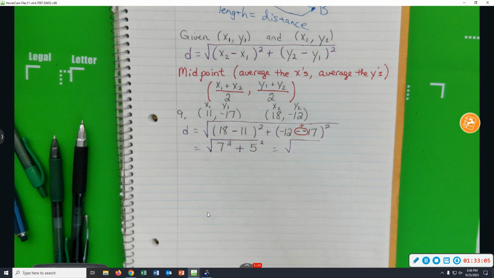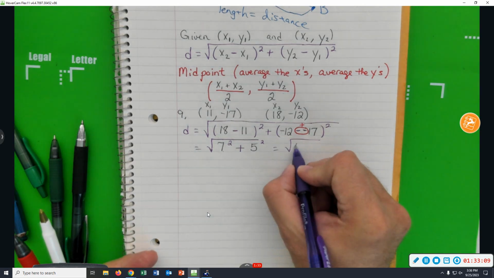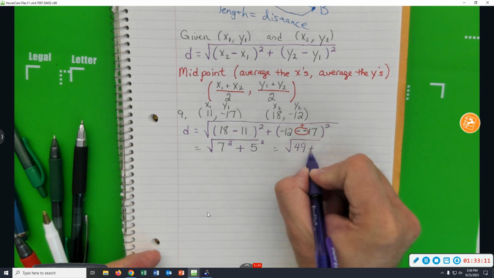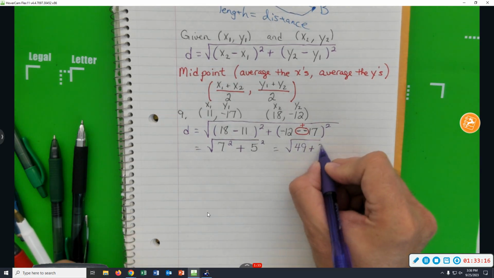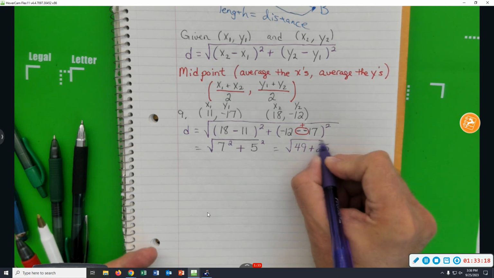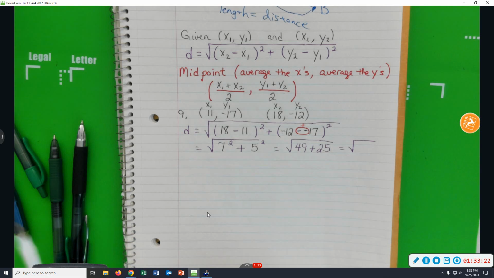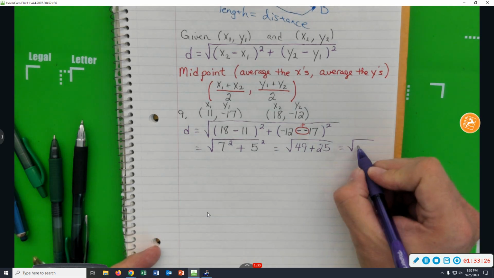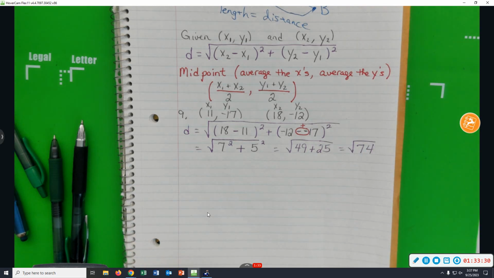So, continuing to simplify, 7 squared is 49. 5 squared is 25. I was about to say 64 is under there, but no, it isn't. What's under here? 74. I was thinking it was going to be something that would simplify real nice, but I was wrong.